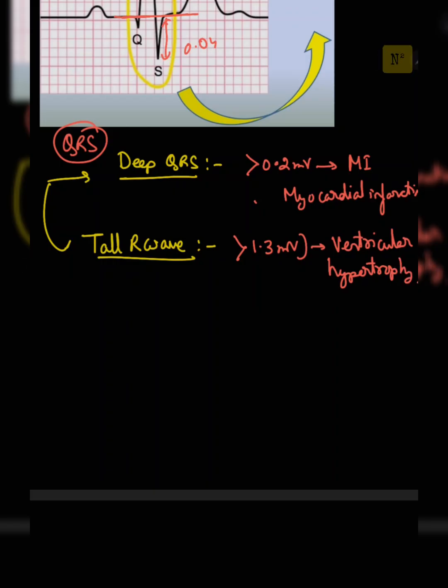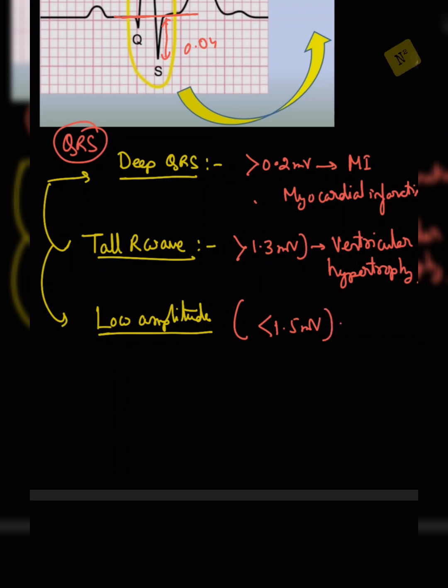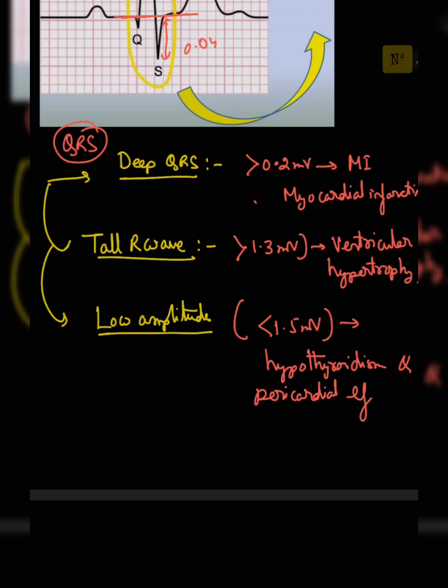Then in certain conditions you will get the QRS complexes to be having low amplitude, that is, less than 1.5 millivolt. You will get those complexes in hypothyroidism and pericardial effusion.